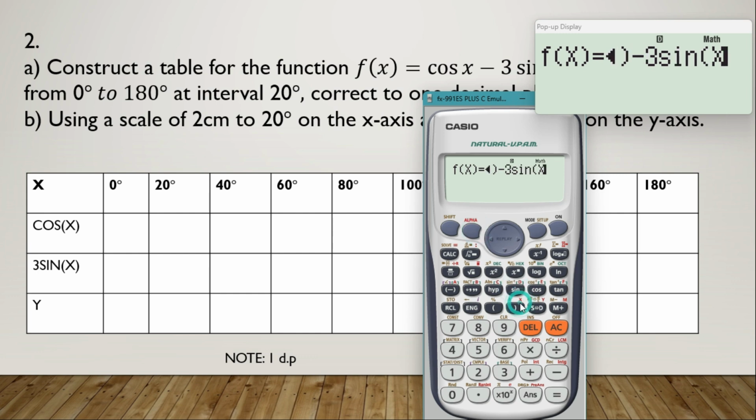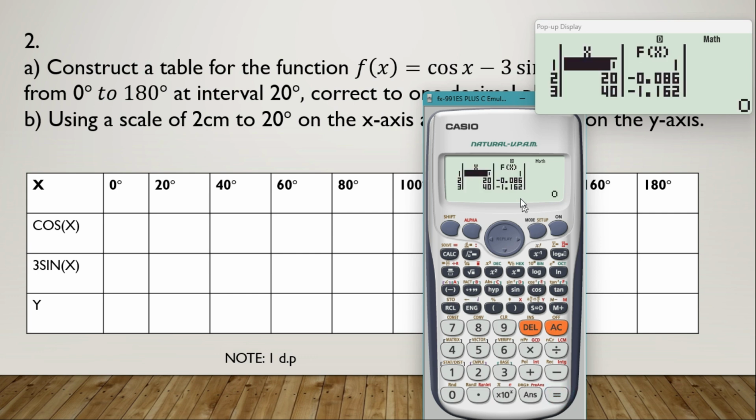Press the equal sign. It's starting from 0 degree to 180 degree. 180. And the interval, let's say the interval is 20. The interval is the same as the step over here, so 20. Now you press your equal sign on the calculator, and here are your results.